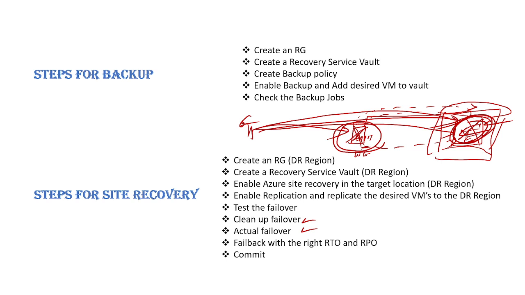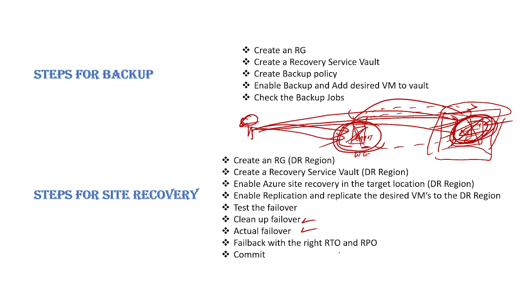Once everything is rectified, you have to fail back, because you don't want to use Northern Europe every time, only for disaster things. When the primary is up and running, you can call the failback, which means you make this the secondary and you call the application back to the primary, and then the users will start communicating with the primary here. That is called failback.